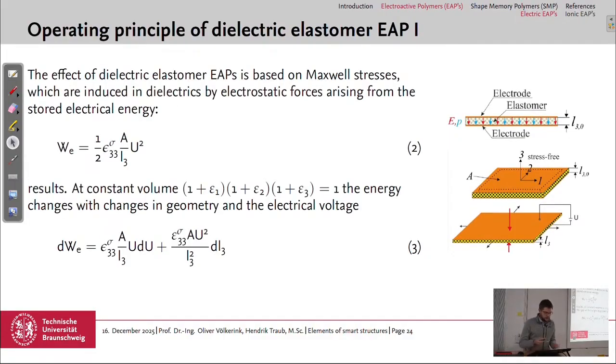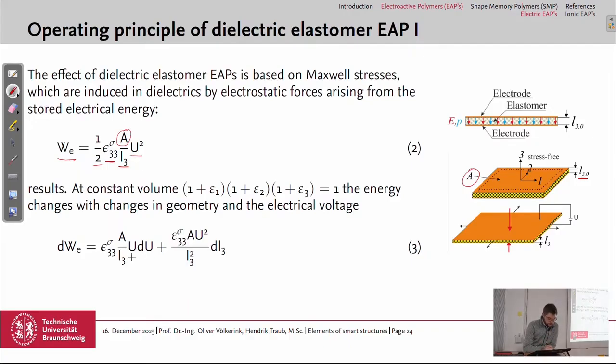So again, we have this stored electrical energy, which is 1 divided by 2, then we have the permittivity in this dielectric material at a constant stress, and we have the area A of the electrode, and L3 is the distance between the electrodes, L30, and then we have the voltage applied squared.